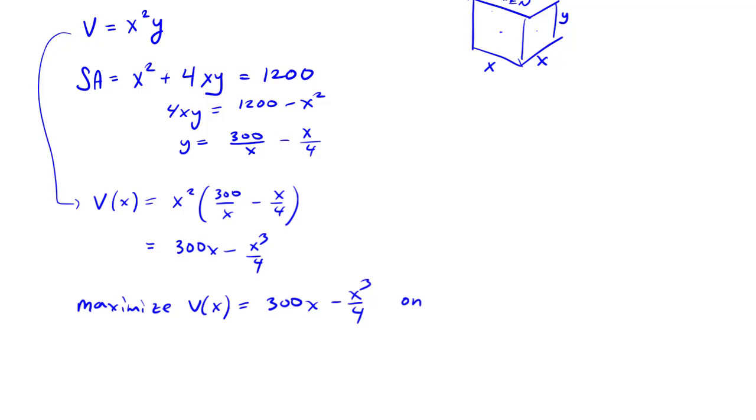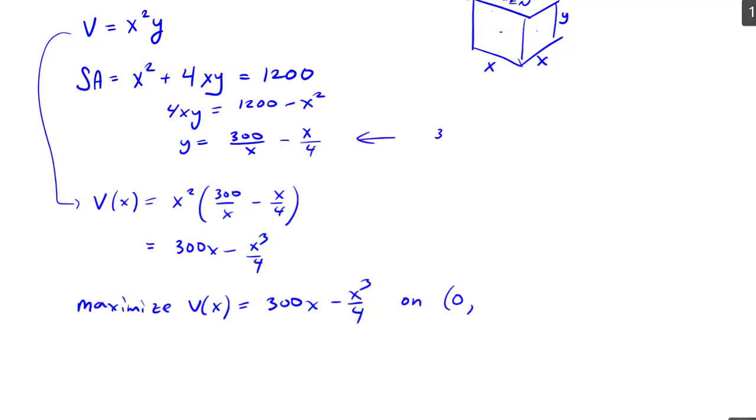If I'm going to have a box, I can't have x be 0, so it's just bigger than 0, open at 0, and then how big can x get? Well, realize that we need y to keep from getting 0.